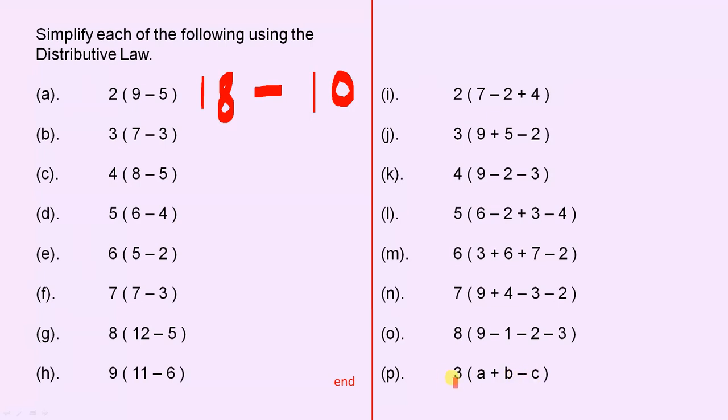Even though that's a 3 there, those letters there can stand for any numbers. So remember, whenever you have a digit or a whole number or any number outside, you multiply it separately by each of the numbers inside, taking note of the signs, and then you do the simplification to give you the final answer.